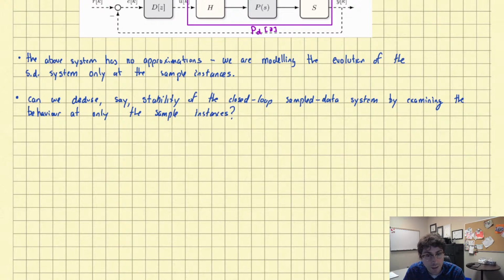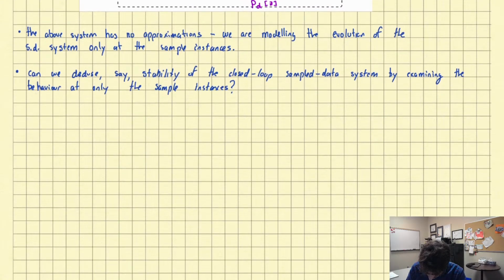Right? In other words, we're going to treat it like a discrete time system. Is that going to cause any issues for our design and analysis? Okay? And so the answer to that is yes, in most cases. But not always.